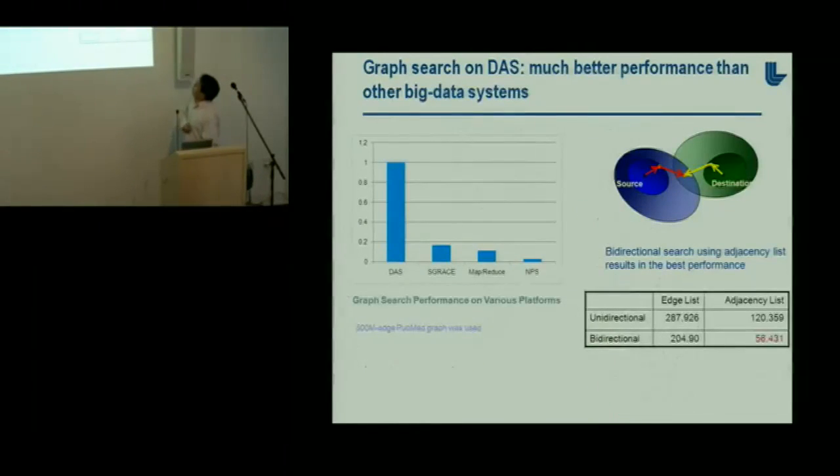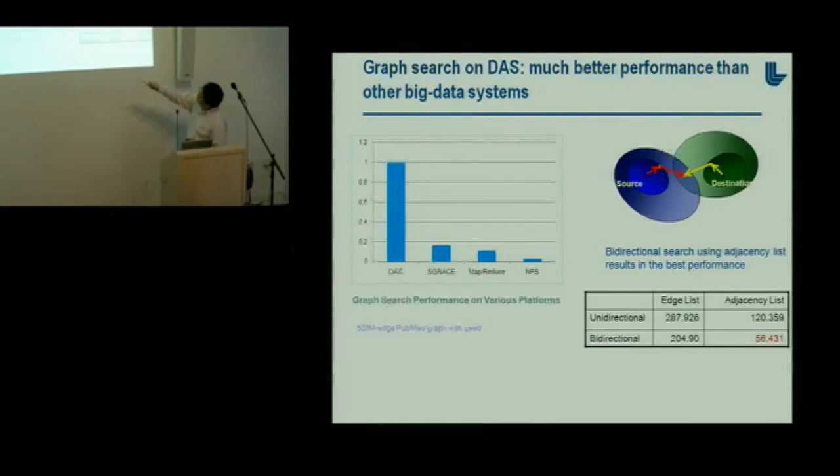We ran both unidirectional and bidirectional search using an actual graph, the PubMed graph, and these are the results. For the bidirectional search, the machine size is pretty small. We ran a 20 node cluster, and we were able to do the search in less than 1 minute. Compared to other big data kind of systems, the DOS stands out. It's all relative performance.